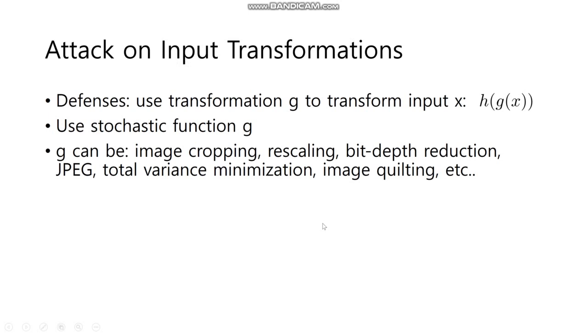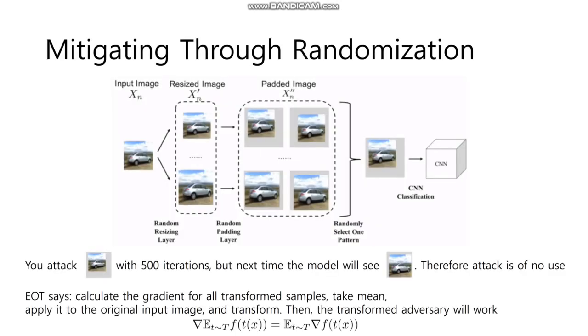So how can this kind of thing defend against some adversarial attack? Let's look at a specific example. Suppose there is an input image, and we'll use 2 kinds of random transformations. One is random resize, and another is random padding.